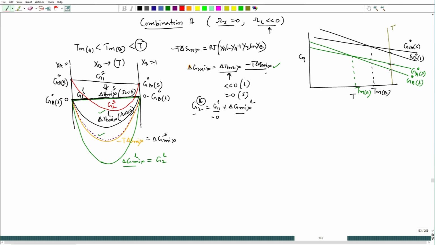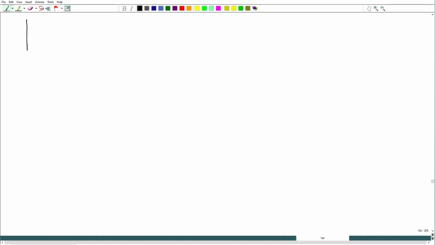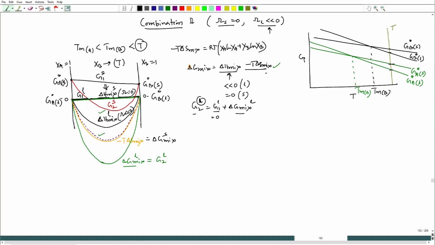Now, let us go and see how the equilibrium would change. This is the reference. We will just have to draw that reference to give free energy G as a function of composition. Please understand that in whatever we are doing now, this vertical axis is free energy and this horizontal axis is composition.